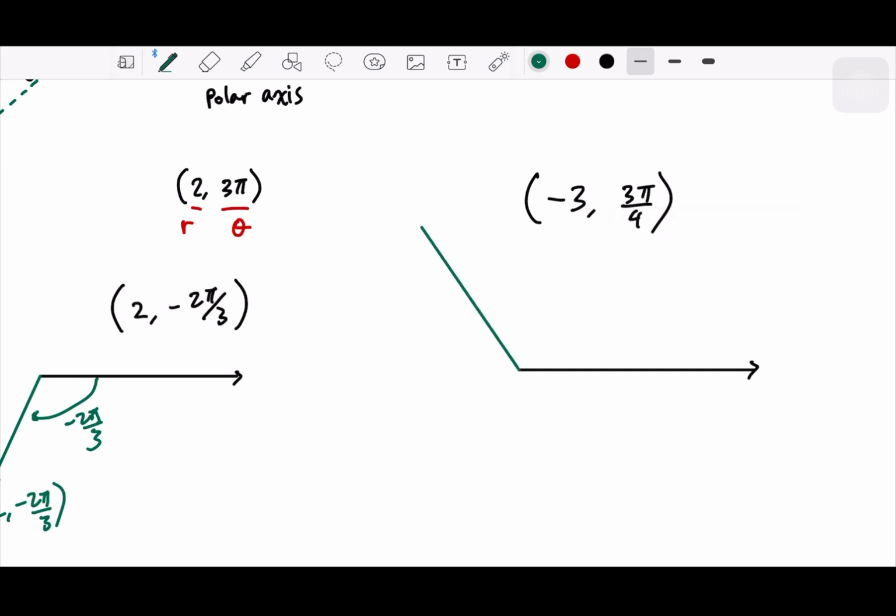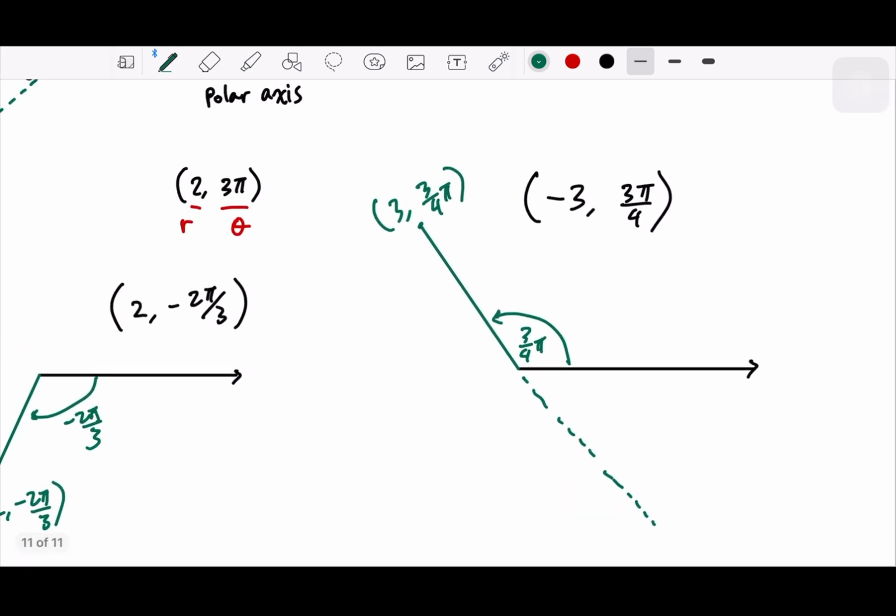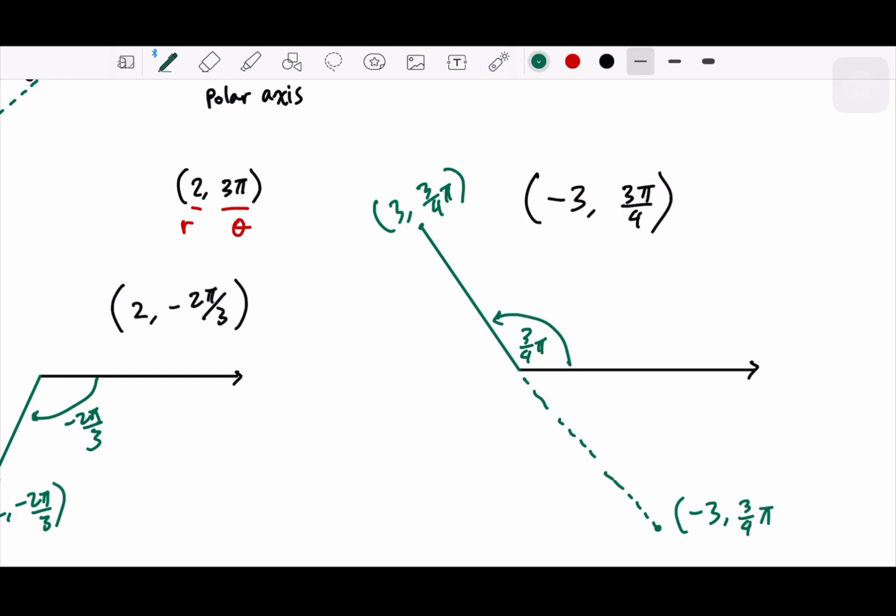Okay, let's just draw the 3π/4 first. This is the positive one first. The negative is, again, on the opposite side, here. Or actually it is 3π/4 plus π, so it's 7π/4.